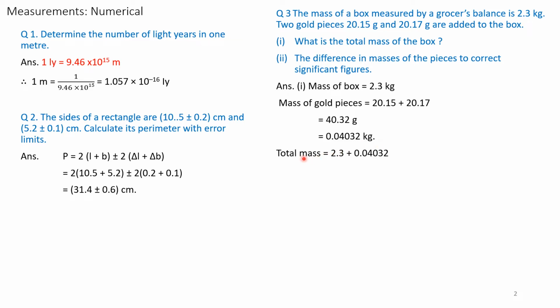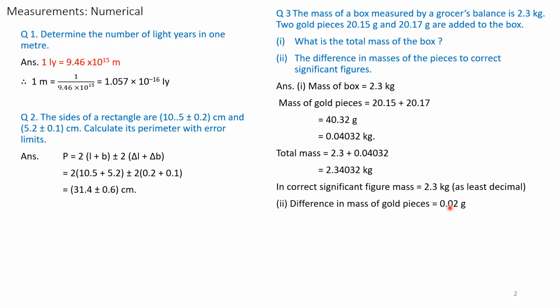Therefore, total box plus gold is 2.3 plus 0.04032 kg. Therefore, it is adding 2.34032 kg. Correcting it to the correct significant figures, it is 2.3 kg as the least decimal. Therefore, that is the answer.